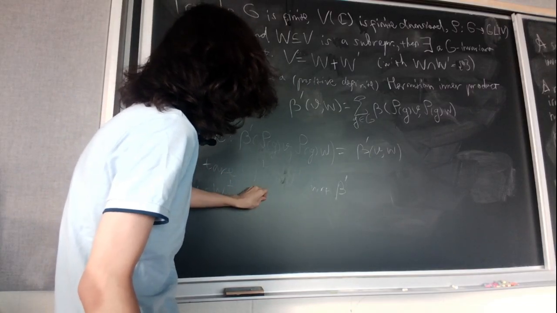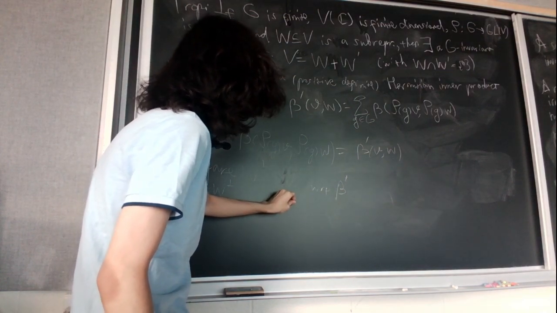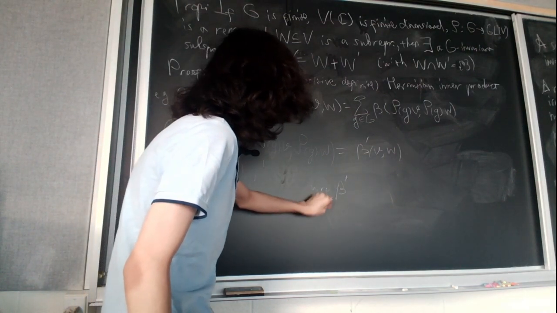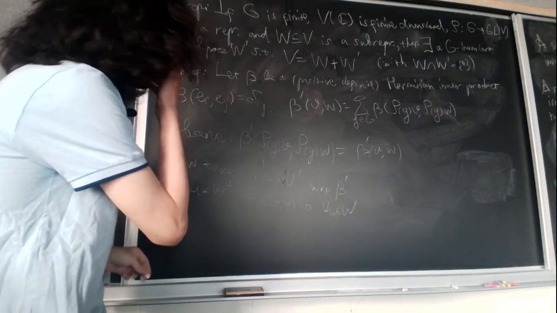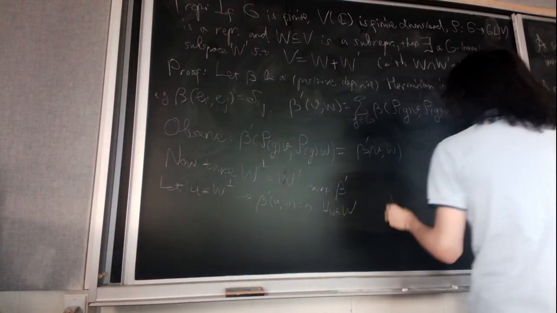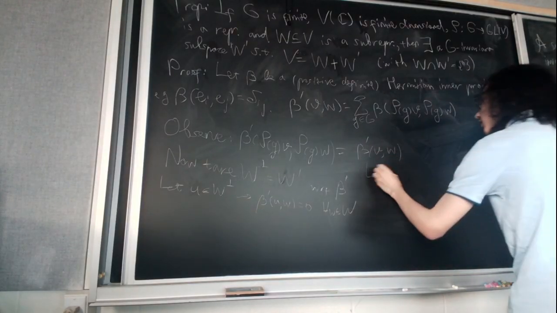This just means, again, beta prime of u, w is equal to 0 for all w in W. Then we use this fact.